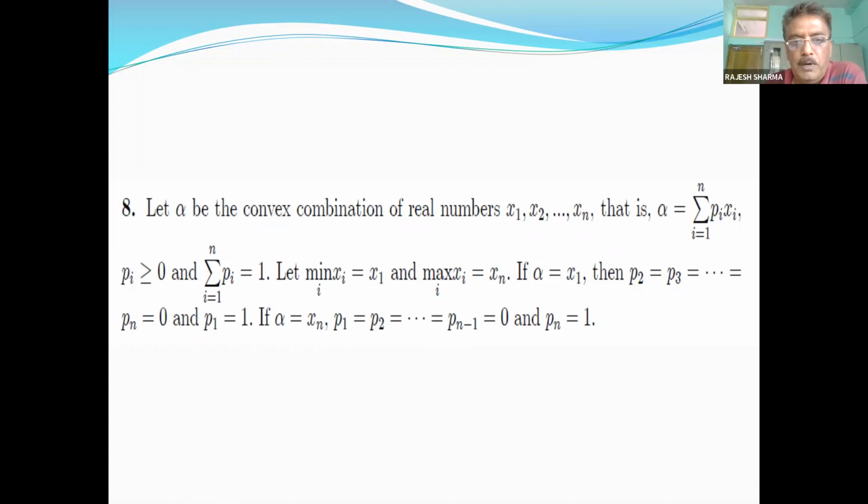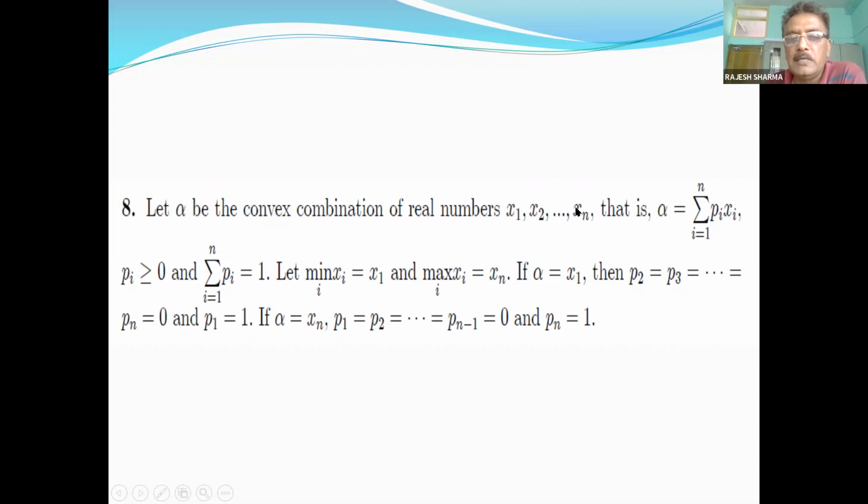So from a different point of view, note this question: this sum of pi xi, from a statistical point of view, is just the arithmetic mean of these numbers x1, x2, up to xn. And the arithmetic mean always lies between the smallest and largest of these n real numbers.